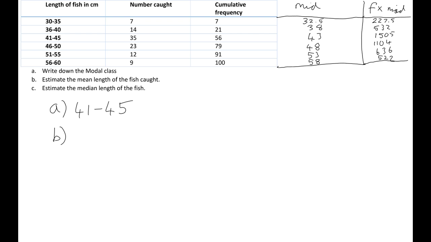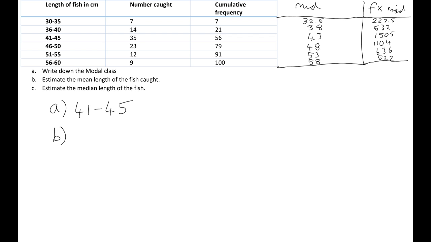Now, to find the mean, we have to divide the sum of our values by how many values there were. We can use the cumulative frequency, the last point of it, that tells us exactly how many values we've got. And the sum of our values, well in this case we've had to use the midpoints times the frequencies, so we want the sum of these values here.